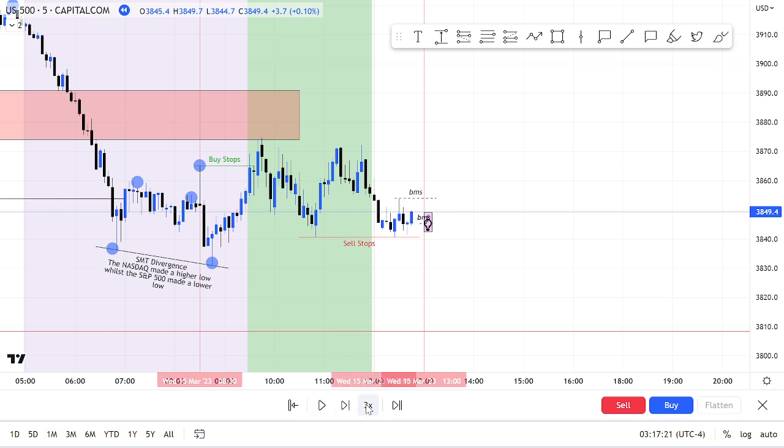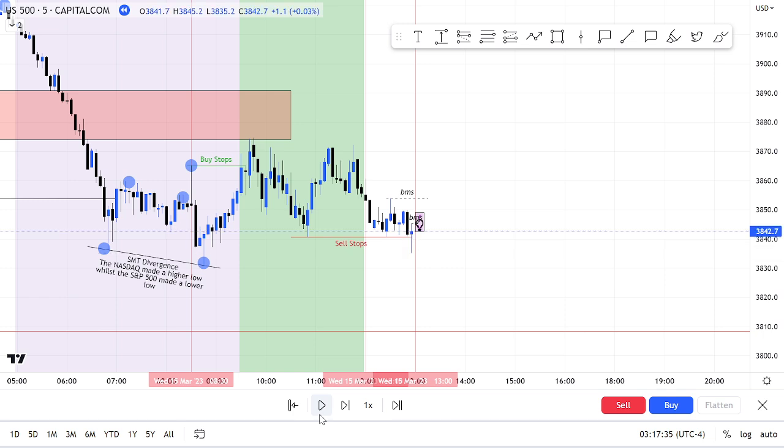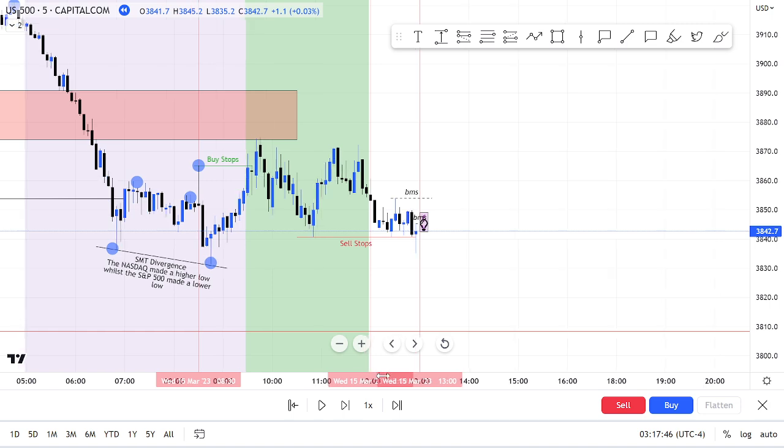Let's see. So price broke right here. Price took out the sell stop right here.